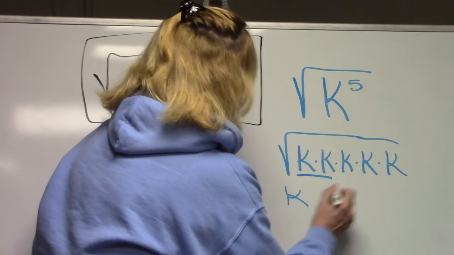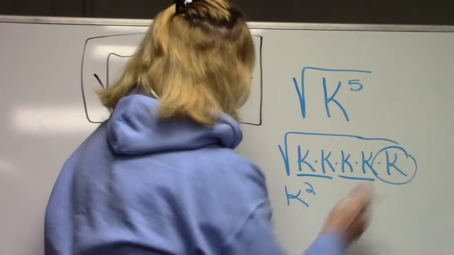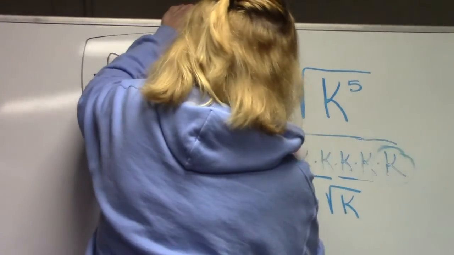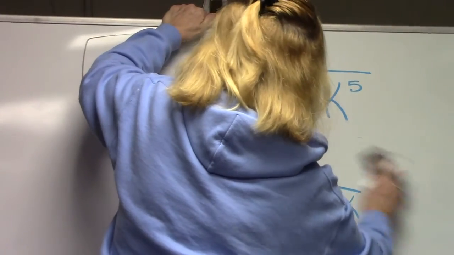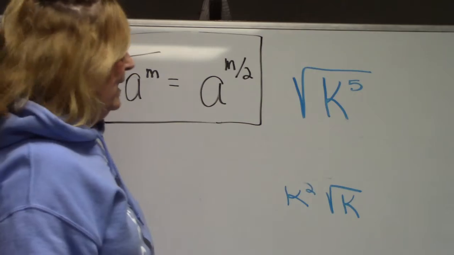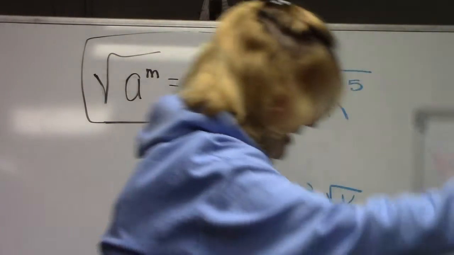There's 1, there's 2, and there's 1 still left inside the radical. So, whichever way you like to look at it is fine, just so you come up with k squared and leave the other in the square root bracket.